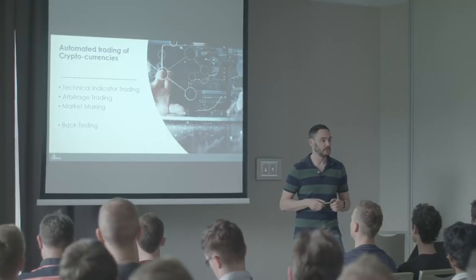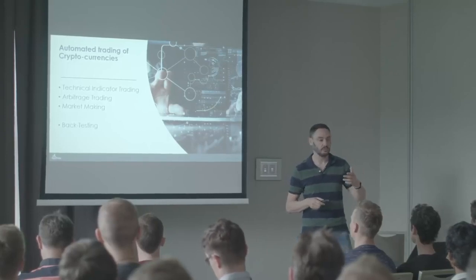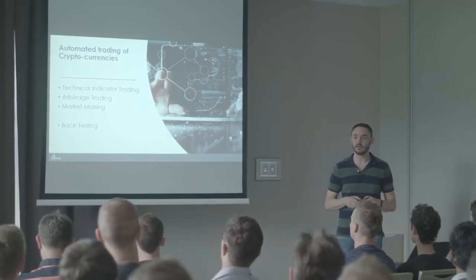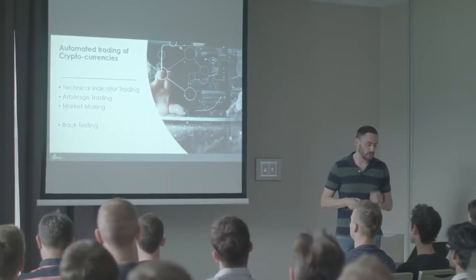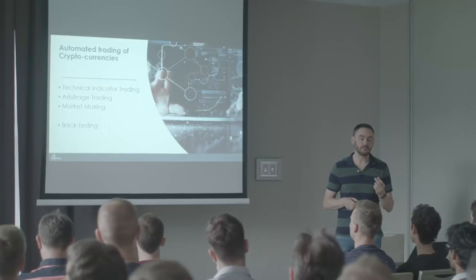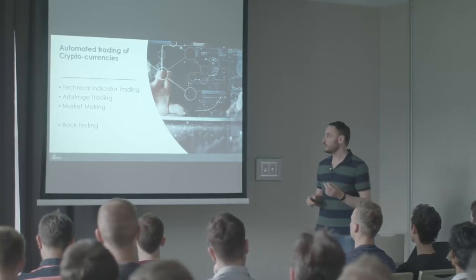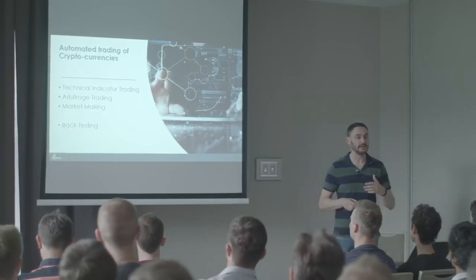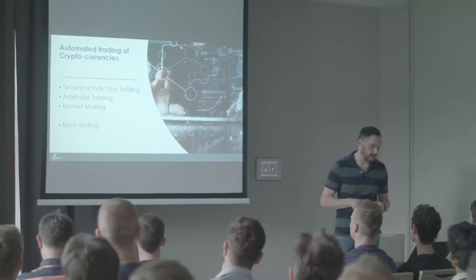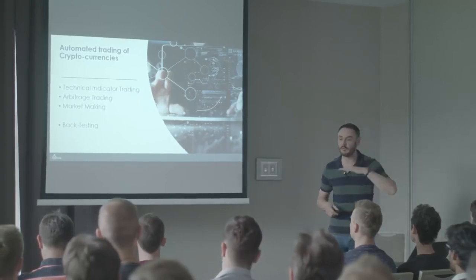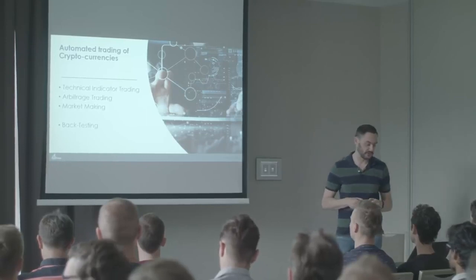A lot of people use those libraries. They do backtests with historical data and then figure out what works. What you're doing with these technical indicators is trying to identify a trend, as the gentleman in the back said, and then trying to profit from that trend.